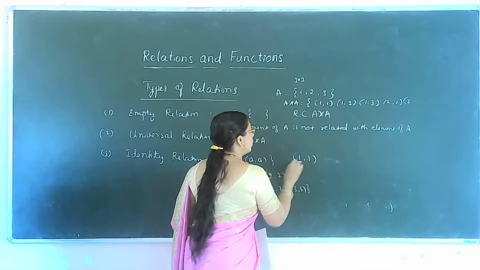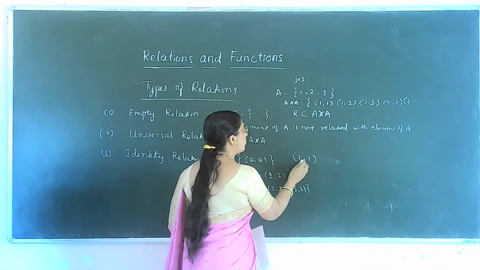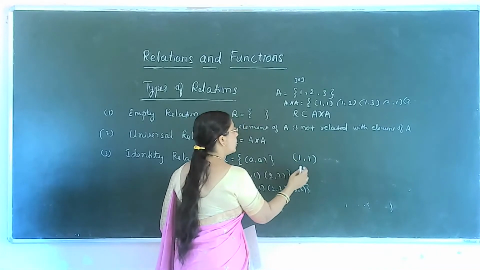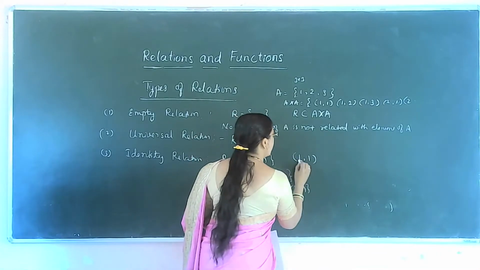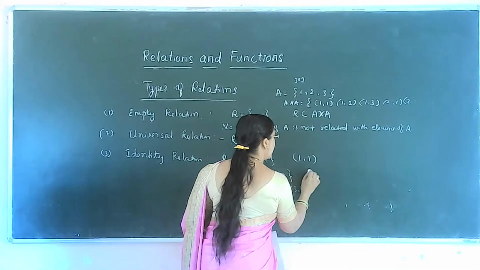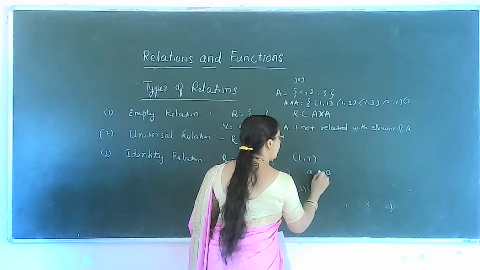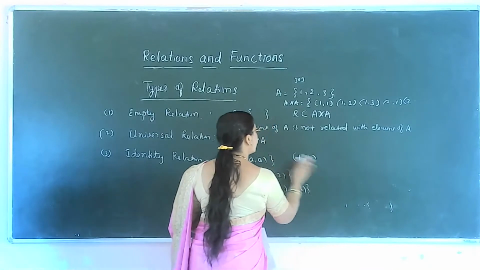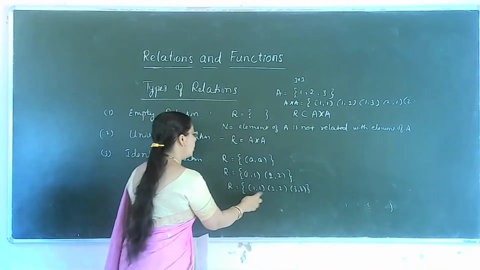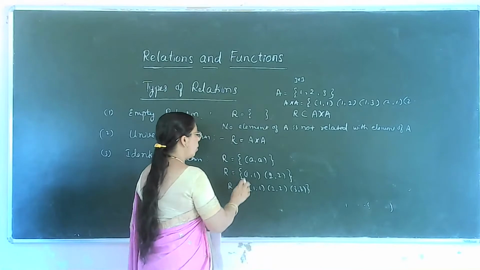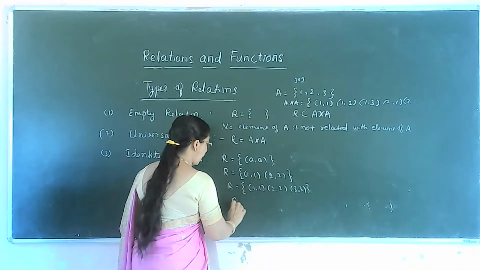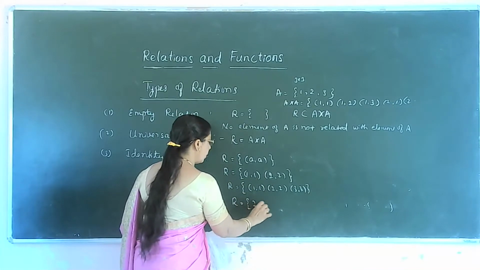Here, the image and the preimage are equal. A is having the same image. So {(1, 1), (2, 2)} or {(3, 3)} or {(1, 1), (2, 2)} or R is equal to {(2, 2)}.